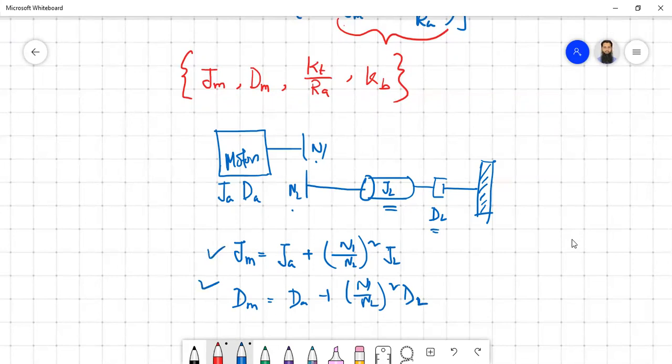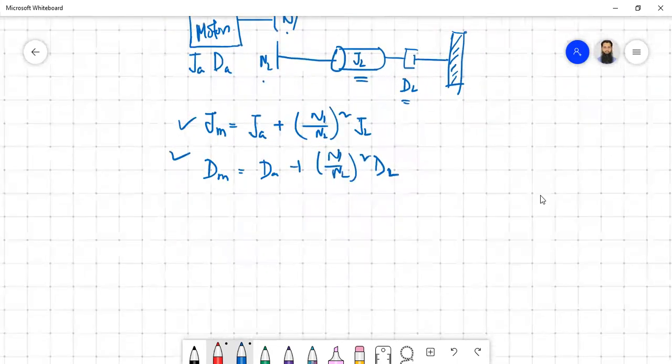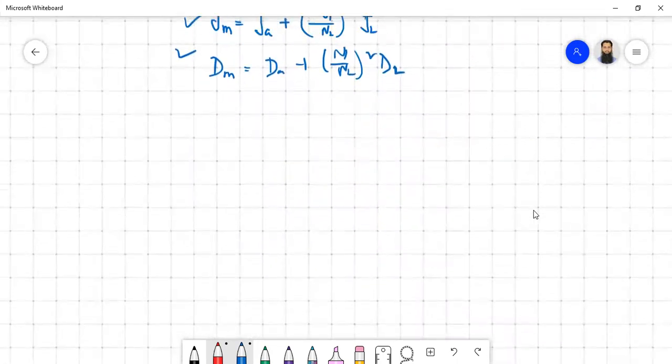Now let us try to figure out how we can calculate the other two parameters, that is Kt by Ra and Kb. For calculating those, we have to assume the equation with Ra by Kt. We already assumed that Ra is greater than La, so that gives us this equation.